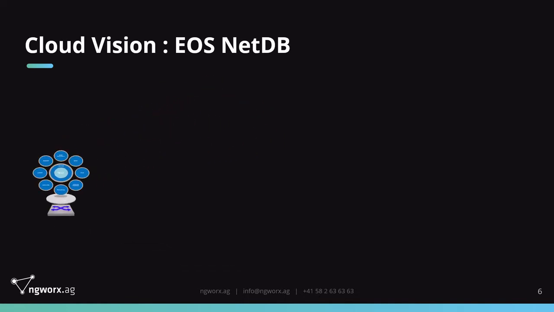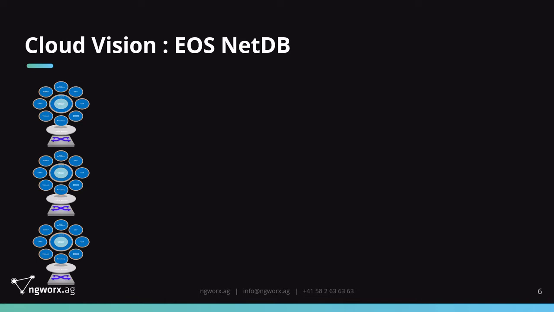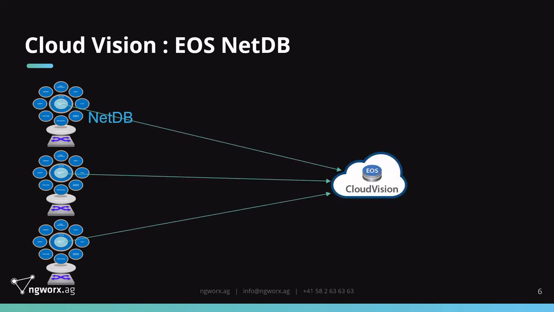In a network environment, we would have multiple switches, each one with their own instance of EOS and their own copy of the NetDB. In a traditional environment, the status of our network would be available by constantly polling the switches individually. With CloudVision, all switches will publish the copy of their internal NetDB to the external collector inside CloudVision engine, maintaining its global database and providing a real-time status of the network.